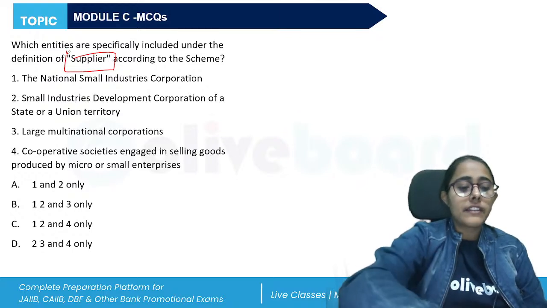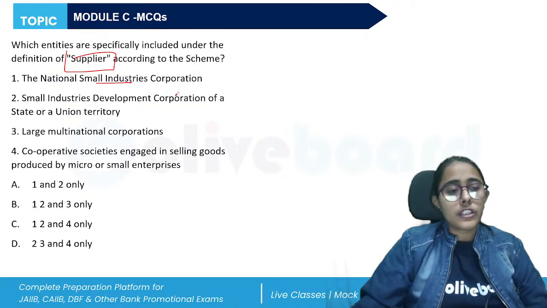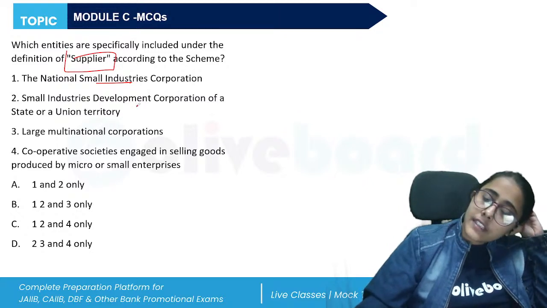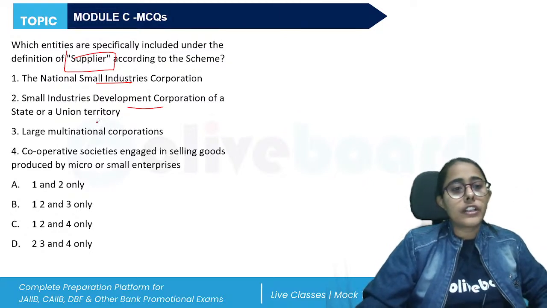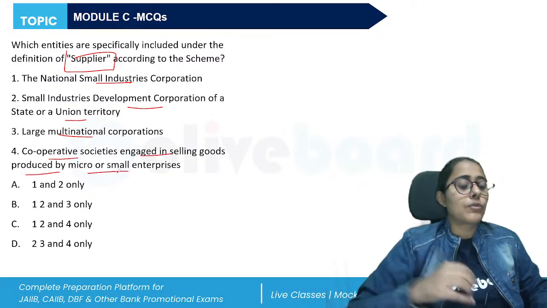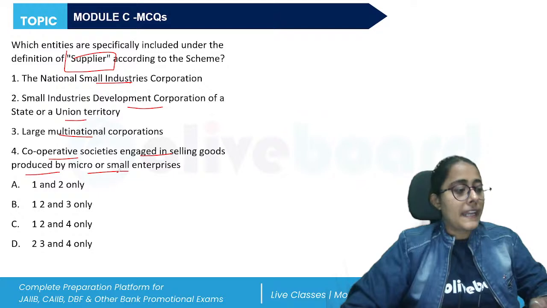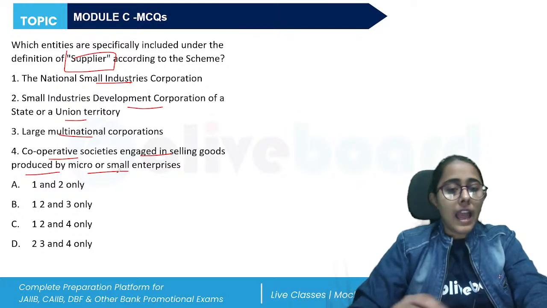Similarly, the supplier's definition is also given. The National Small Industries Corporation, the Small Industries Development Corporation of a state or a union territory, large multinational corporations, cooperative societies engaged in selling goods produced by micro or small enterprises. Which of the following are included in the definition of supplier? Take 10 seconds and answer this question.